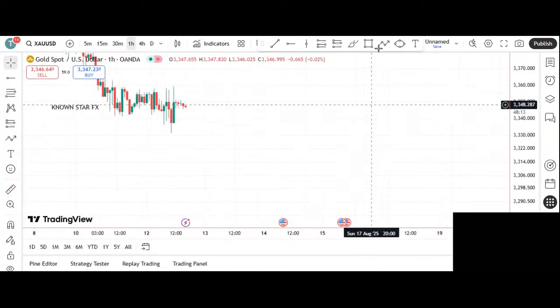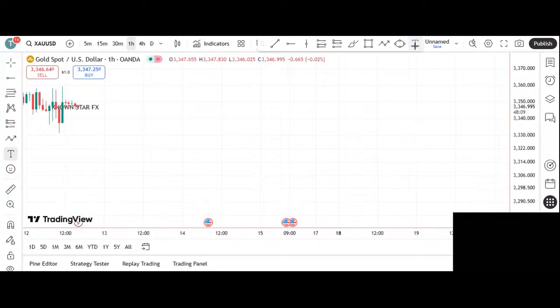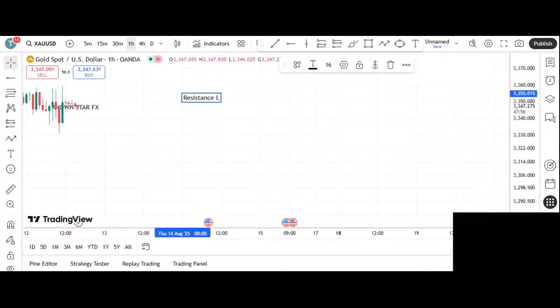So now, when we talk of resistance level, I'll try typing as well so that you'll be able to understand this better. So we have the resistance level and the support level.